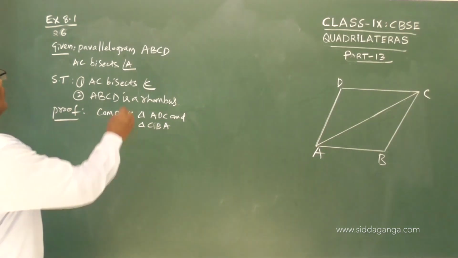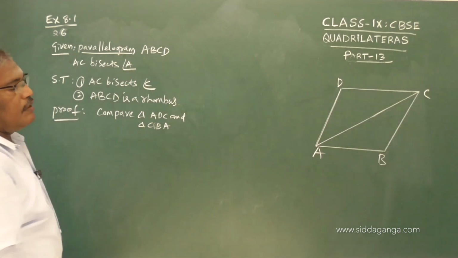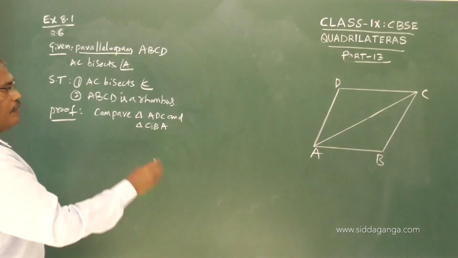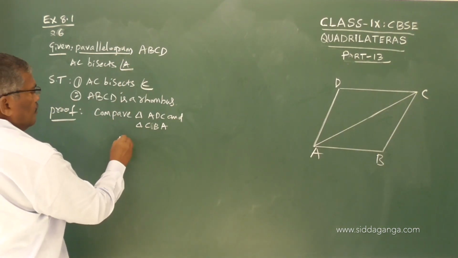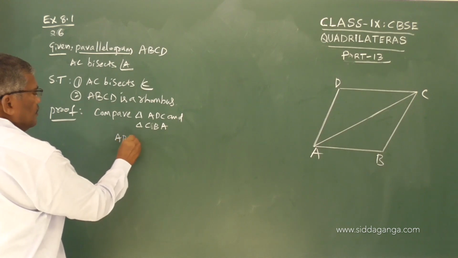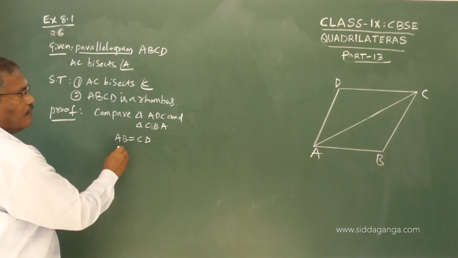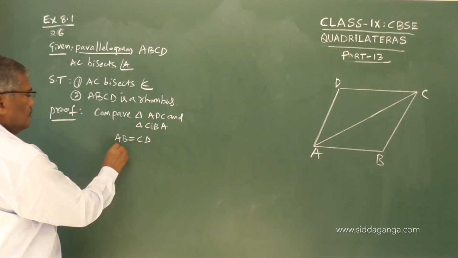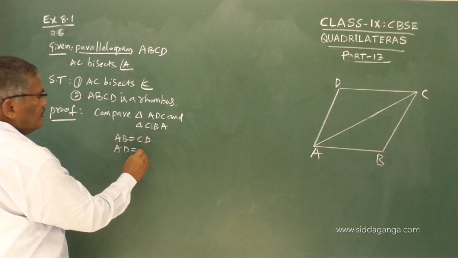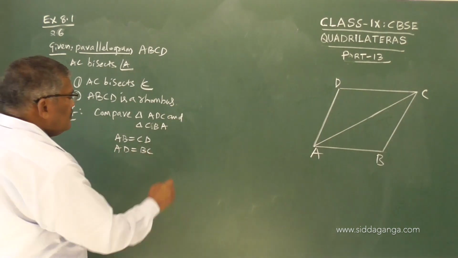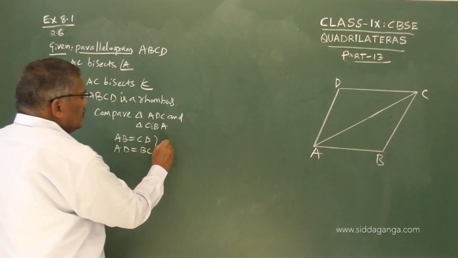Here a parallelogram is given, remember. So, therefore, AB equals CD, AD equals BC. Why have we taken this?